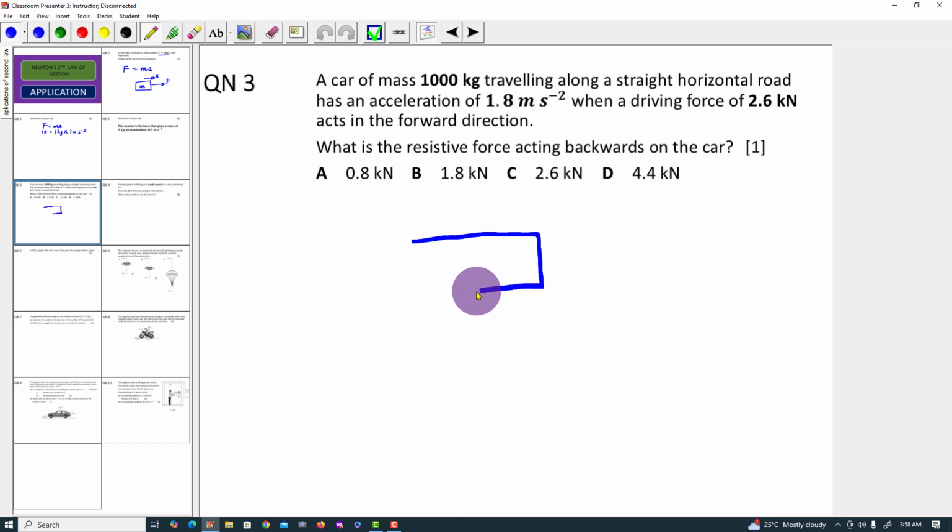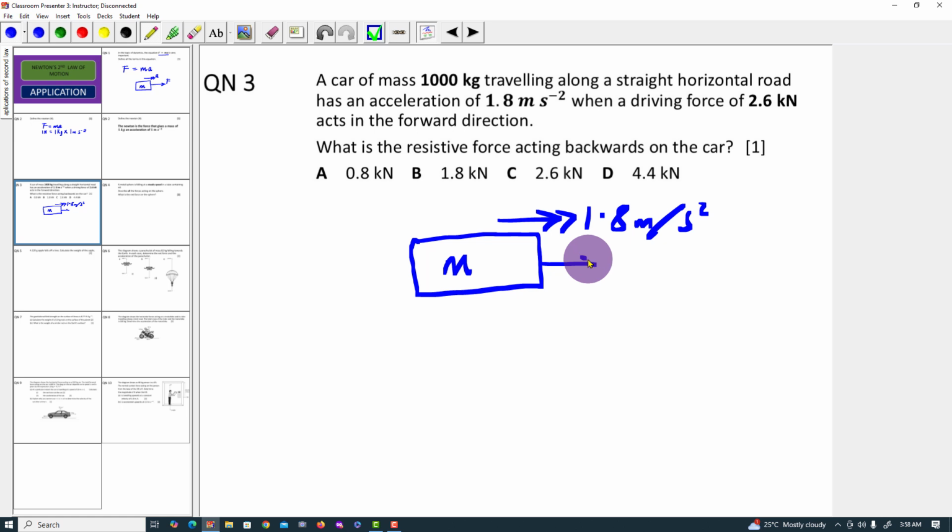So if this is the car and it has an acceleration of 1.8 meters per second squared, this car has a certain driving force, Fd, and there is a certain resistance to motion, Fr. You can say it is a resistance force, a viscous drag, or friction force on the bodywork of the car, and so forth. Point is, the car is moving to the right like that.